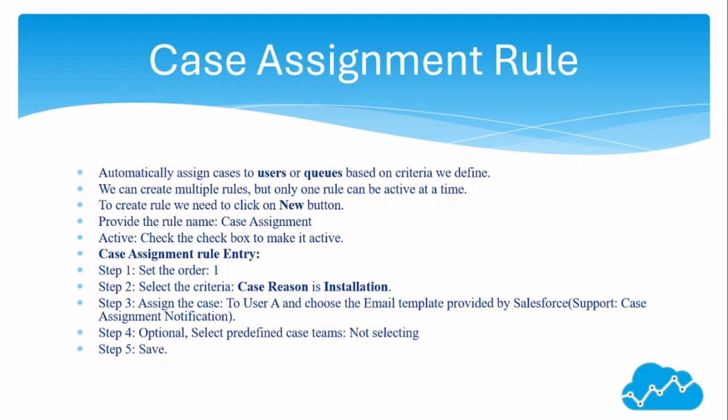Here we don't need to create a template. By default I am going to use the existing template, that is support case assignment notification. Step 4 is optional, select predefined case teams. I am not selecting, and finally clicking the save button. So our case assignment rule is created.